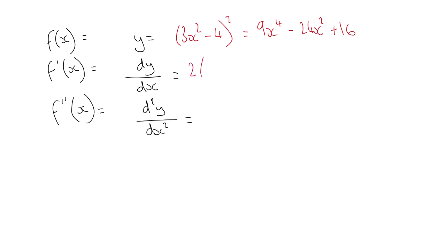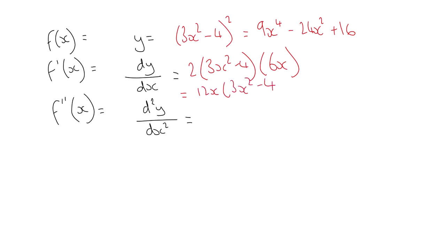Yep. 3x squared minus 4, times that, times 6x. Good. This is the derivative of the brackets. So the whole thing is 12x times (3x squared minus 4).